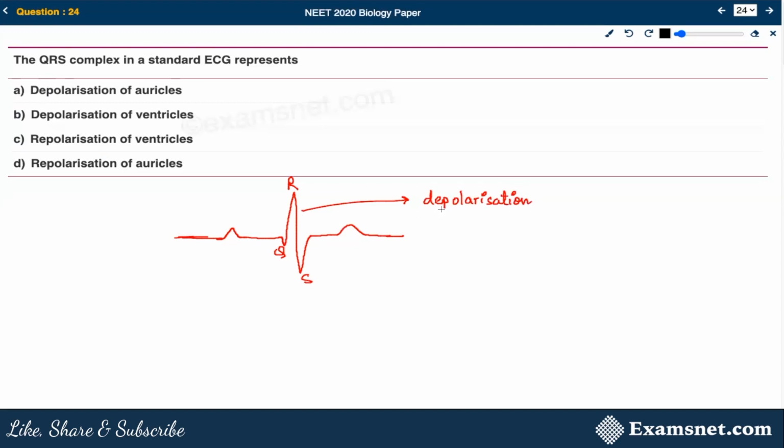Any deviation from the normal graph indicates any kind of deformities. So this is related with depolarization of ventricles.